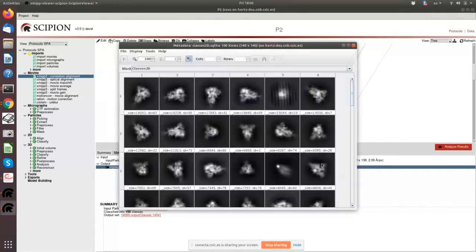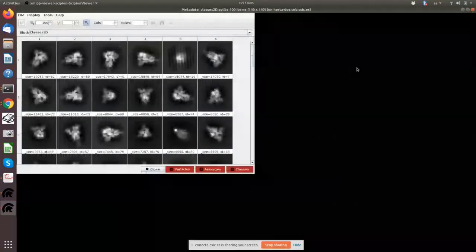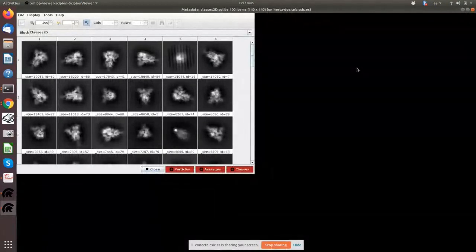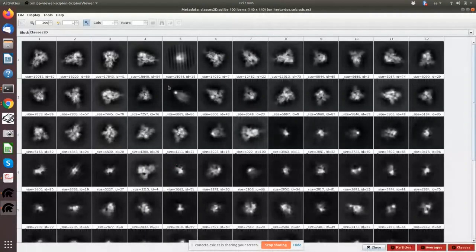But the results are pretty understandable. And there are a few things I would like to highlight here. So these are the particles that were coming from the aperture region. These are 14,000 particles that average to this class, and then you see the same for some of them.